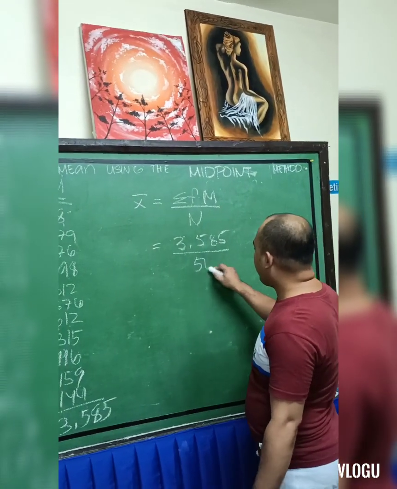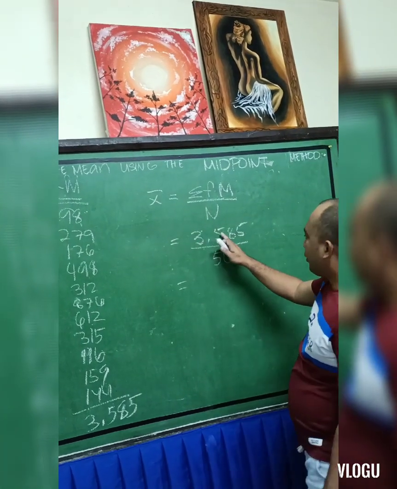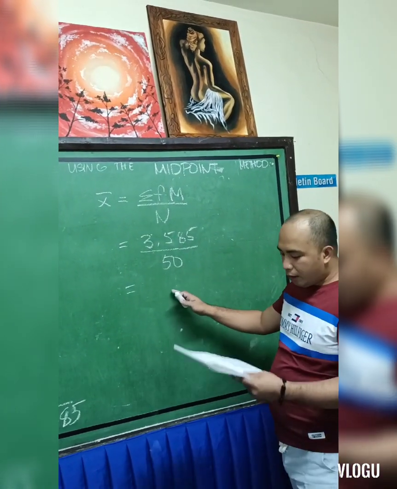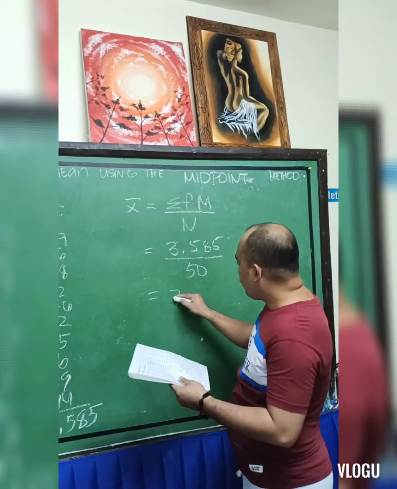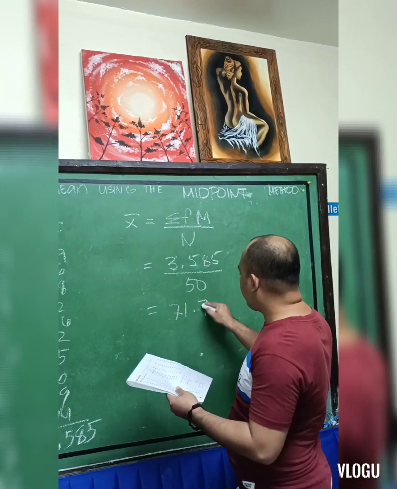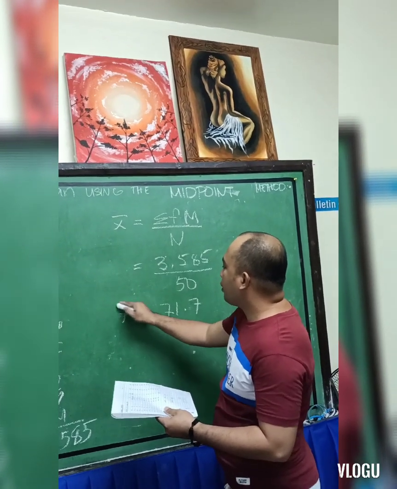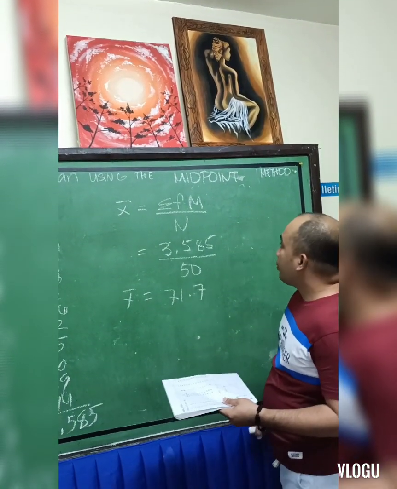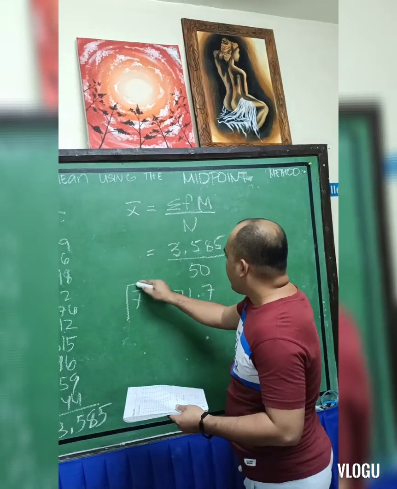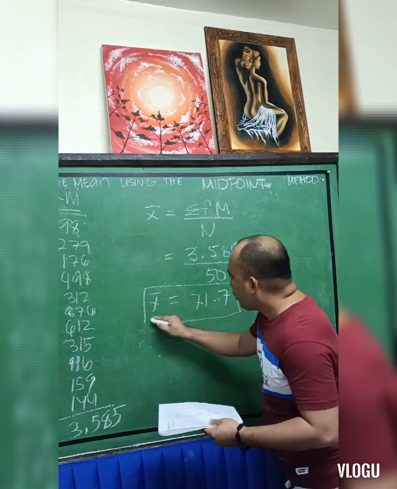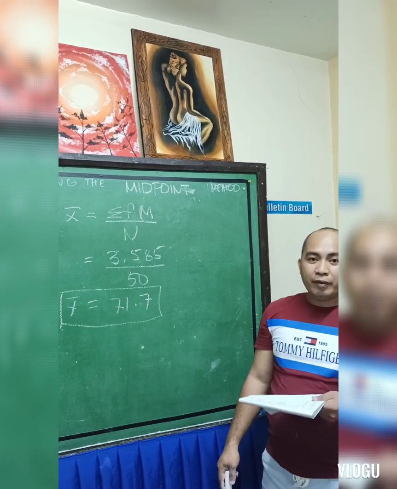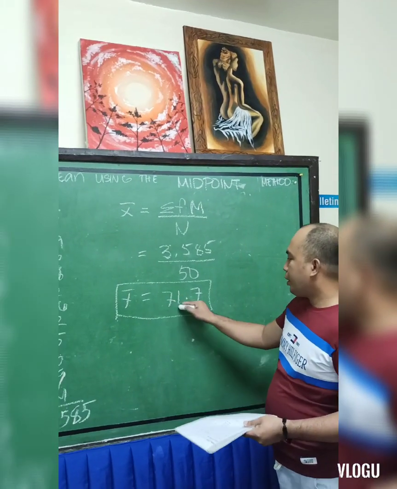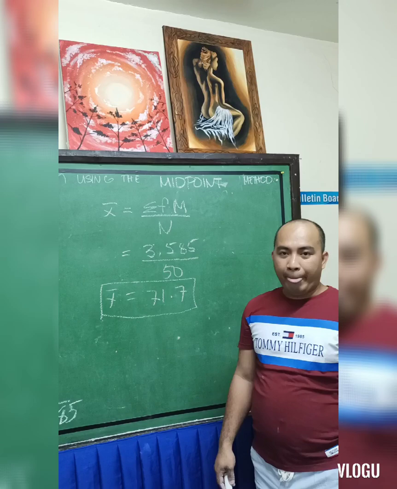So 3,585 divided by 50, we have 71.7. This is our arithmetic mean using the midpoint method in getting the mean from grouped data, which is 71.7.